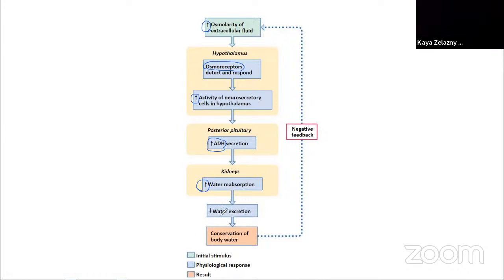So it's not in the tubular fluid anymore. So to maintain blood volume, we're decreasing water excretion, meaning we're conserving body water by keeping it in our bloodstream, keeping up our blood pressure, watering down this high osmolarity that we've sensed up at the top. So this is a negative feedback loop because as we reabsorb water, we decrease the osmolarity and the signal kind of gets turned off.